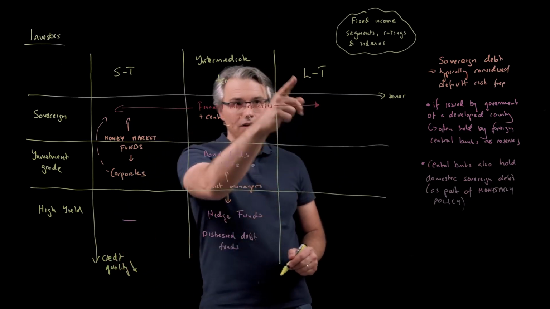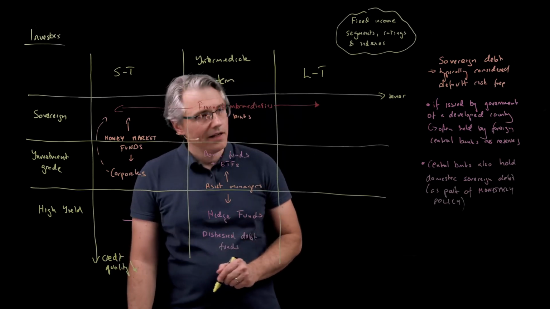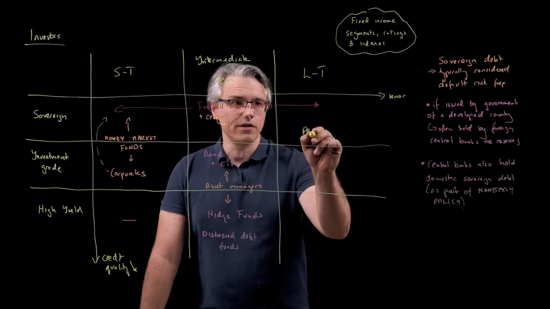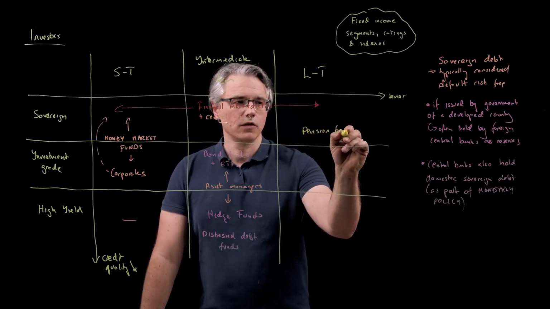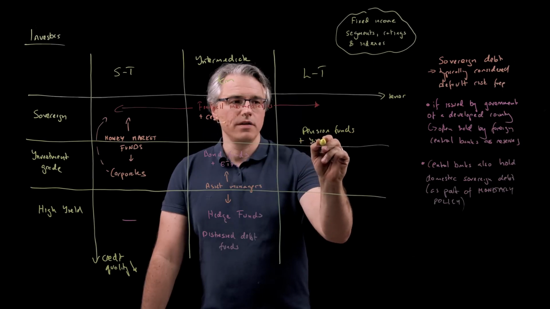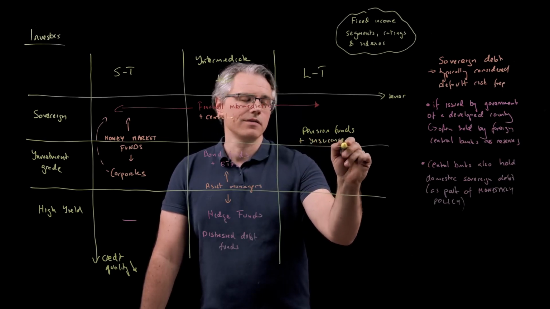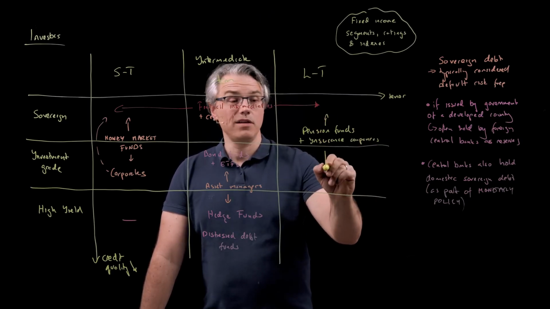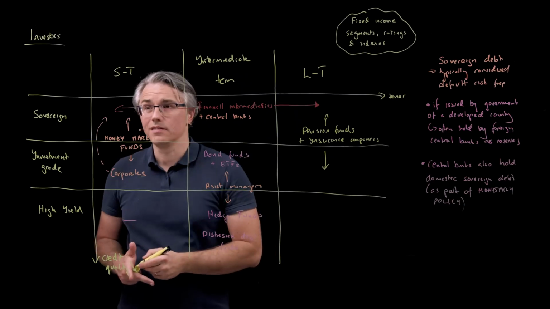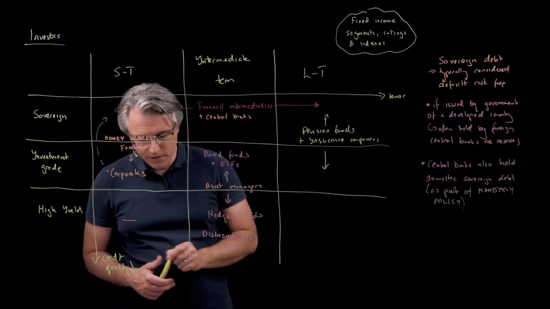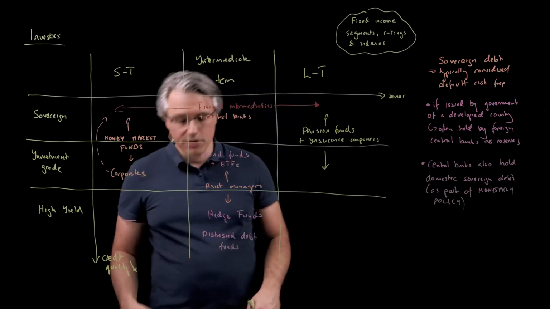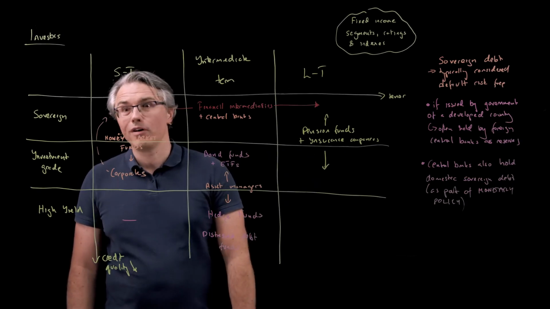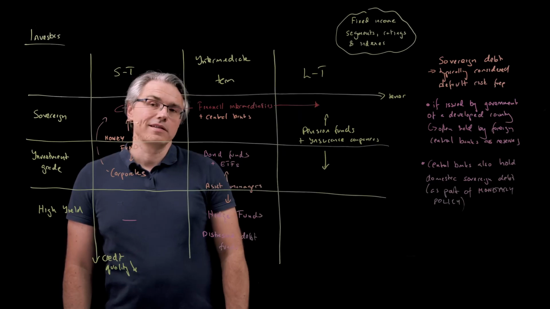Now, here in the long-term sector, let's just say that this is a favorite spot for long-term investors like pension funds, and also insurance companies, especially life insurance companies. Why is this a good place to be? Well, because these types of entities have relatively long-term obligations, obligations which are far away, be it pension obligations or, for example, obligations which arise from life insurance.